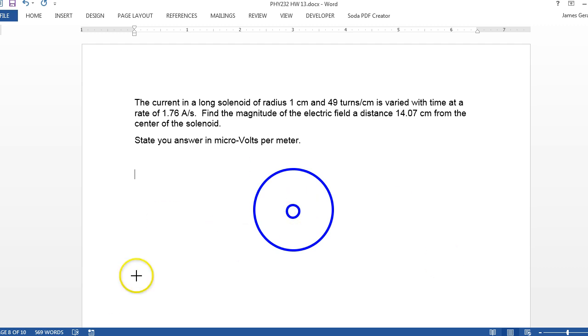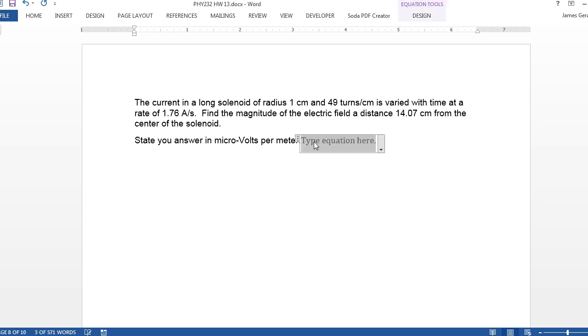All right. So let's take a look at where we are. If you watched the last problem, you know the B field for a solenoid is the permeability of free space times the turns per meter for the solenoid times the current.